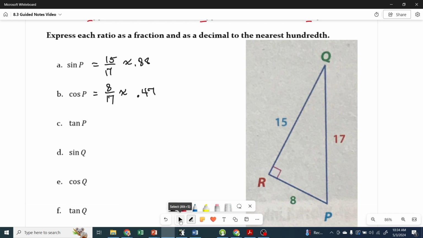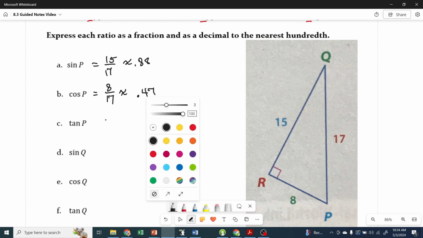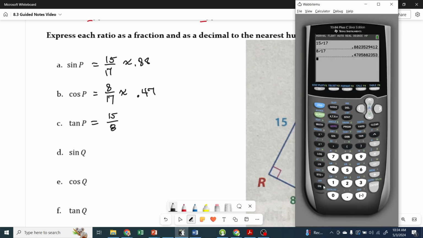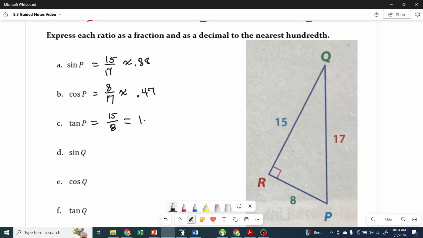The tangent of P? Well, the tangent of P is the opposite of P, which is equal to 15 over 8. So 15 divided by 8, 1.875.